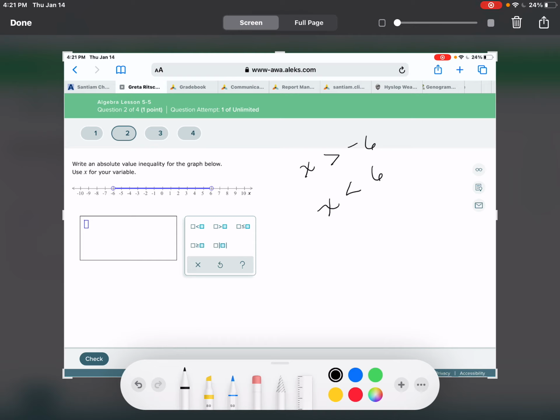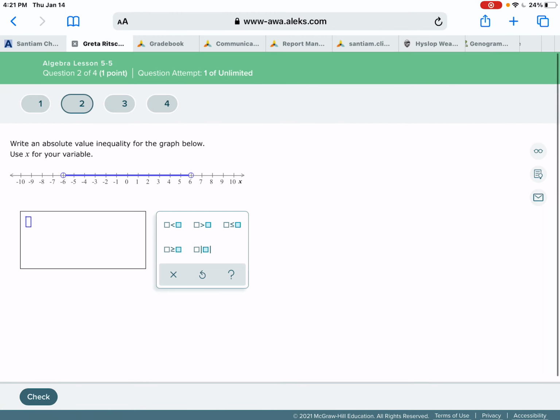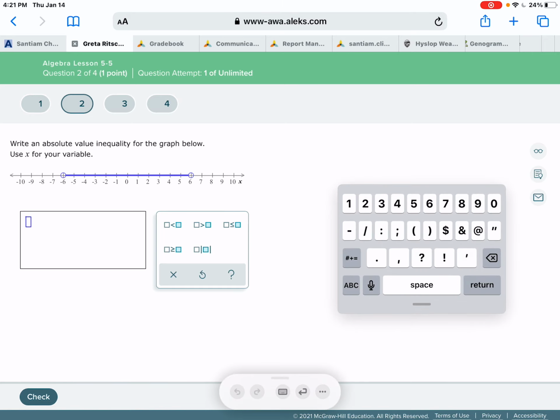I think we can put this together by putting the negative 6 there, the x here, and then the upper boundary there. That still says that x is greater than negative 6 and that x is less than 6. We could type that in like this.